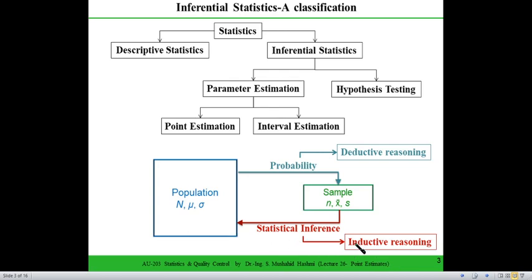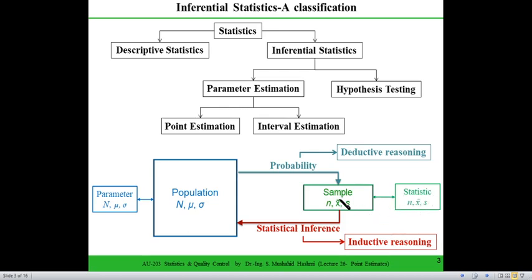So once you are dealing with a population, it means you are actually dealing with parameters. The characteristics of the population are represented by parameters. So parameters are always taken from a population, while once you are dealing with samples, you come up with quantities of interest that you call statistics.